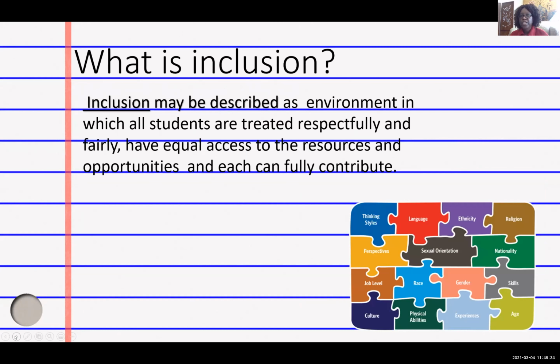If we look at the other slide, we're looking at inclusion, and inclusion is usually described as an environment in which all students are treated respectfully, fairly, and have equal access to the resources and opportunities, and each can contribute. If you notice the picture on there, we see different aspects. We see thinking styles, language, perspective, sexual orientation, job level, okay?